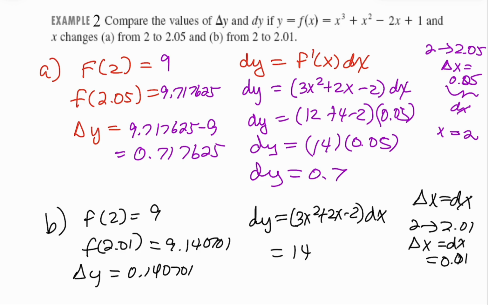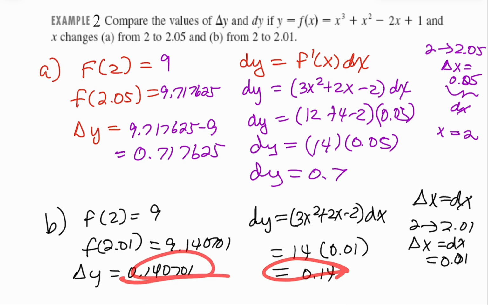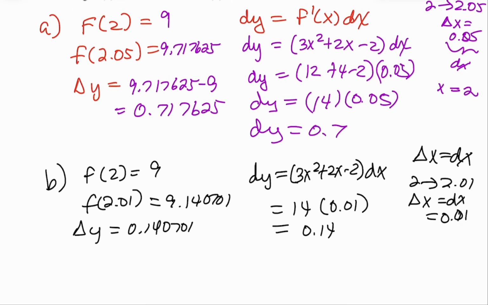We already did that, but now we're going to use 0.01. So that is 0.14. So you can see, again, they came out to be very close. That is like using a differential, a dy, versus just the exact change in y. And they should be very close quantities.